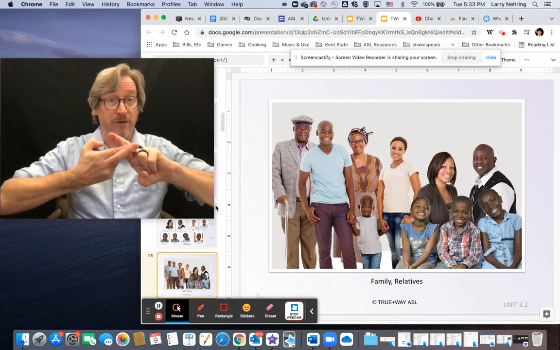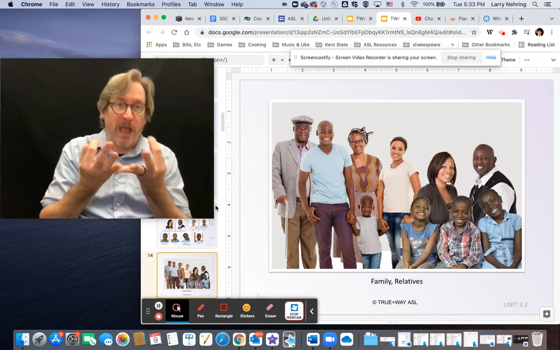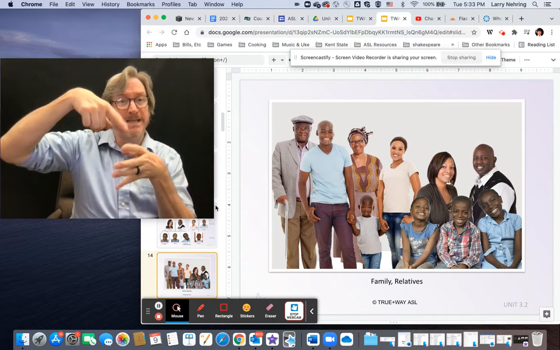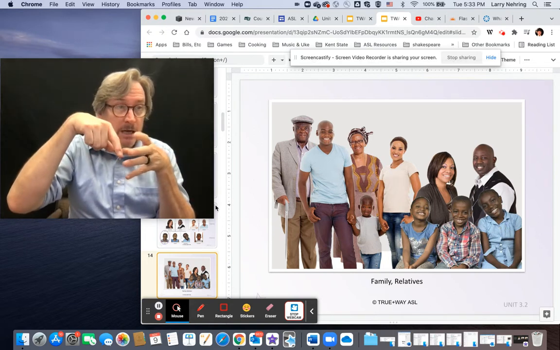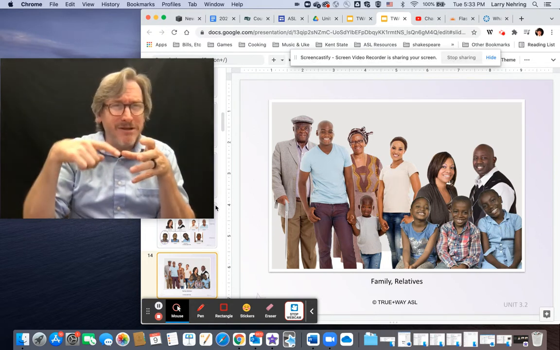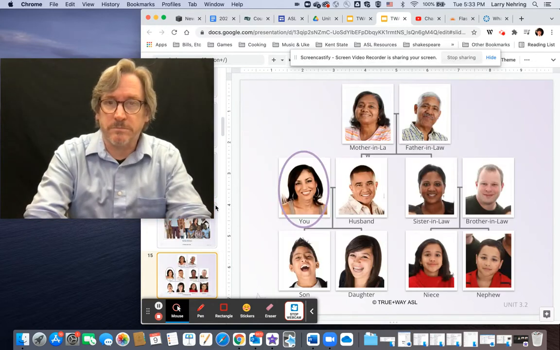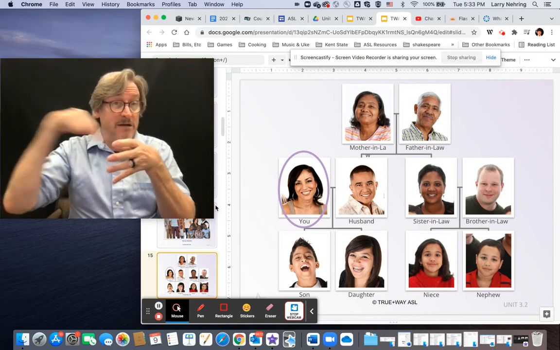Relative is signed like friend, except with R's. Or you could do like the nuclear family, the intimate family. What is the word that they use? Immediate family. You can also talk about the family outside.